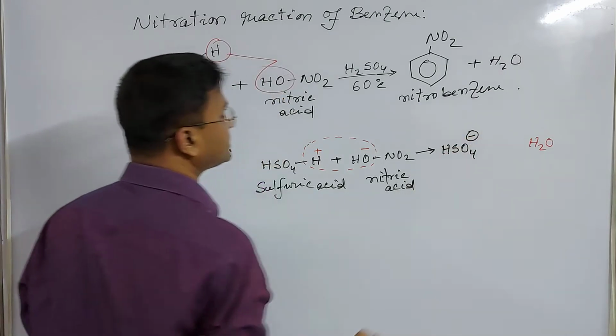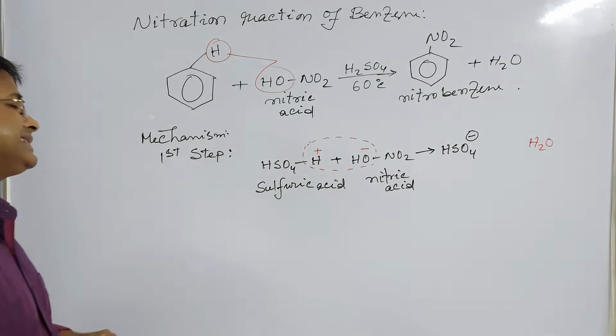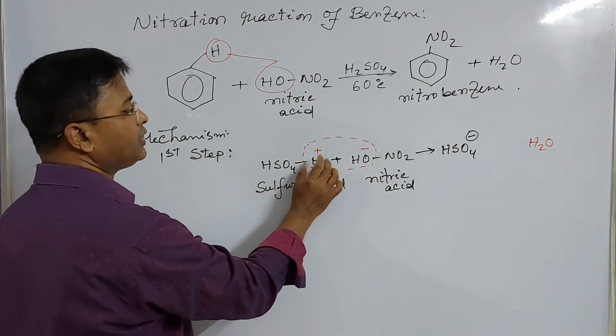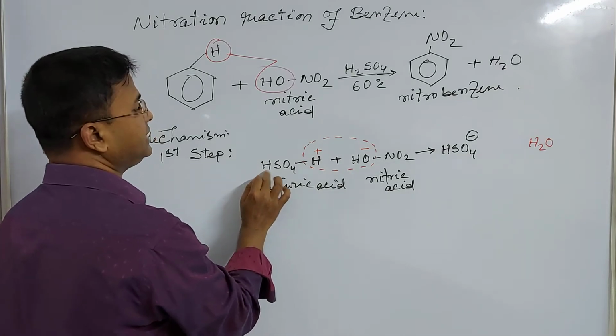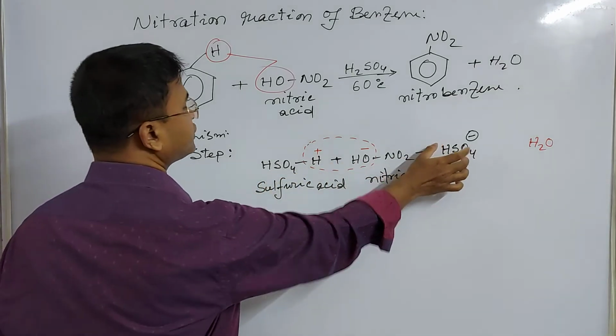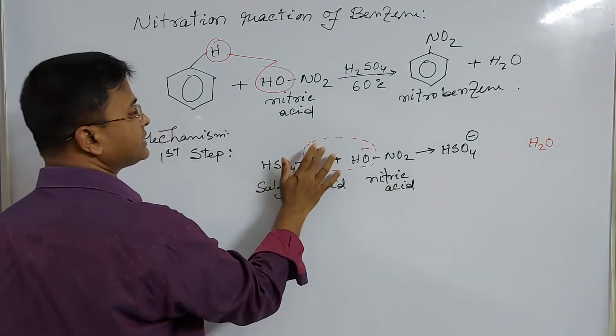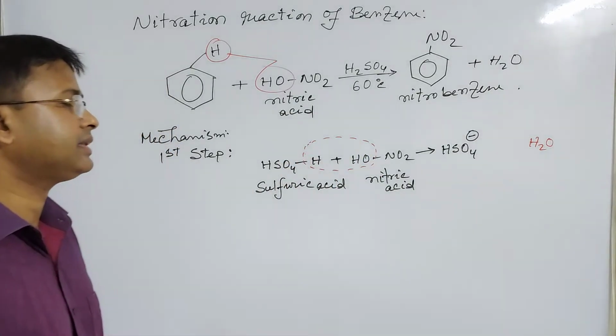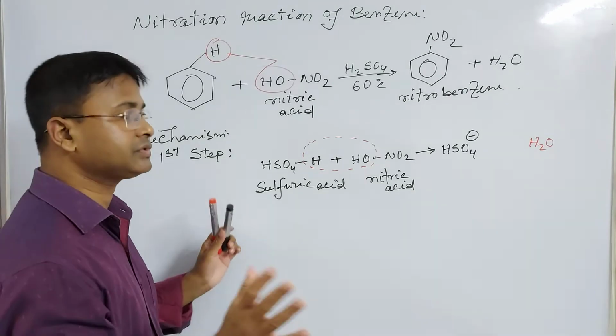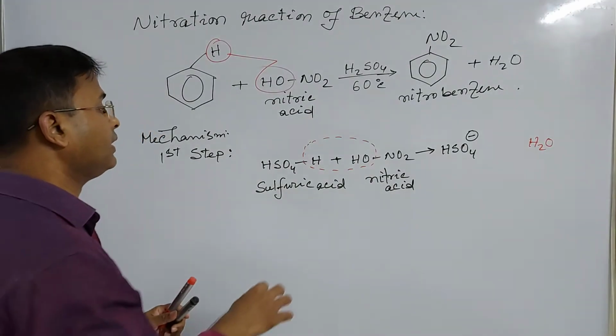It can be understood easily. After releasing a positive part, the remaining part is negative. That's why HSO4 is negative, but you need not mention the positive or negative sign. I have given the positive or negative sign just to make you understand easily.